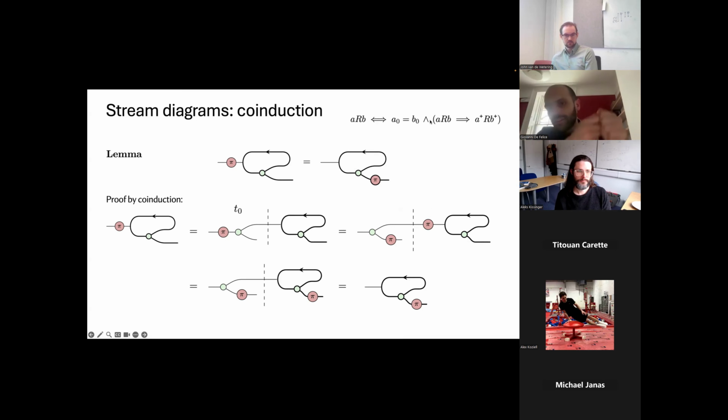For normal streams that are just infinite sequences, you wouldn't have this kind of connection. The additional power given by this is that now you can slide things along this wire, along the memory. So you can use co-induction together with sliding, and that gives you quite a powerful language to prove things.